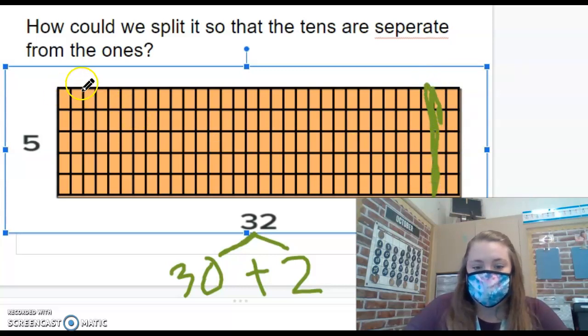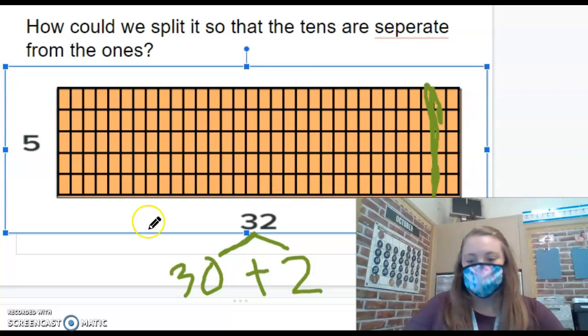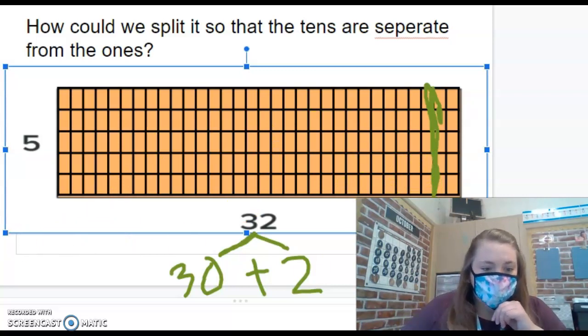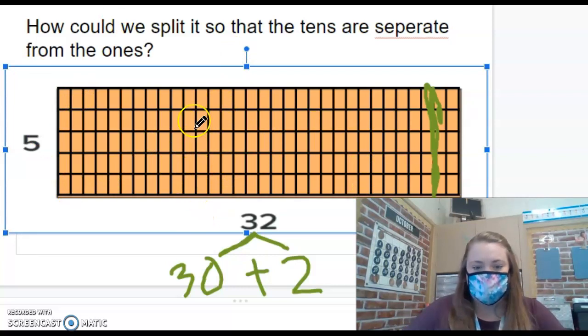So we have 1, 2, 3, 4, 5, 6, 7, 8, 9, 10, 11, 12, 13, 14, 15, 16, 17, 18, 19, 20, 21, 22, 23, 24, 25, 26, 27, 28, 29, 30. Okay, so we have 30 and 2. So now what we're going to do is we could break this into 2 different multiplication problems.